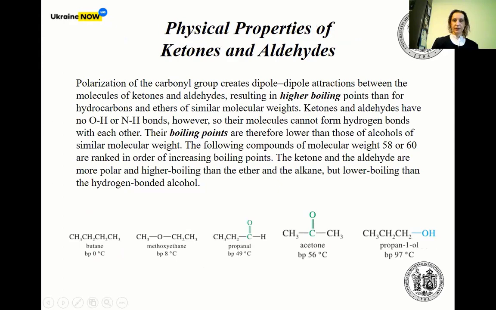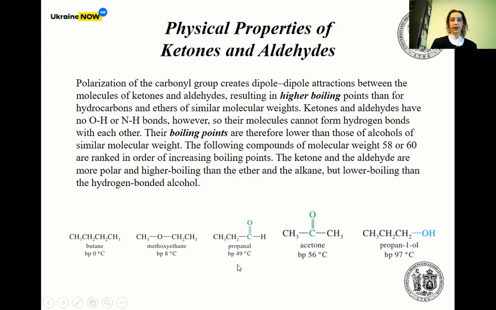Physical properties of ketones. We can say that they have a medium position. You can see it in this picture. Here are alkane and ether, here are aldehyde and ketone, and here is alcohol. If we compare the boiling points, we can see an increase of boiling point. The medium position of boiling point is because they have a highly polarized group, the carbonyl group.